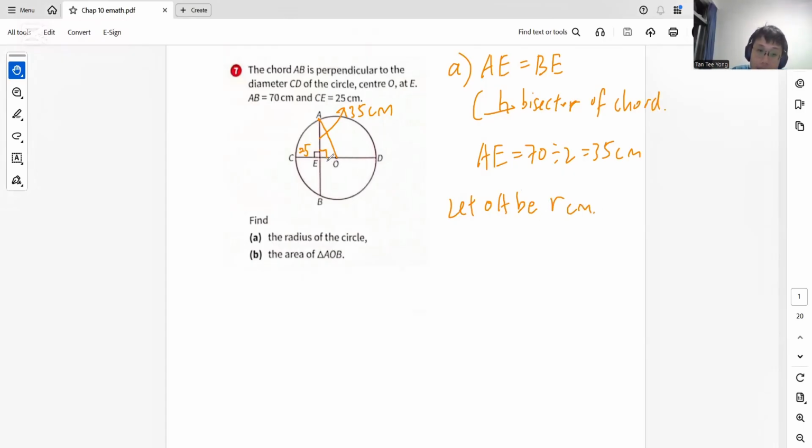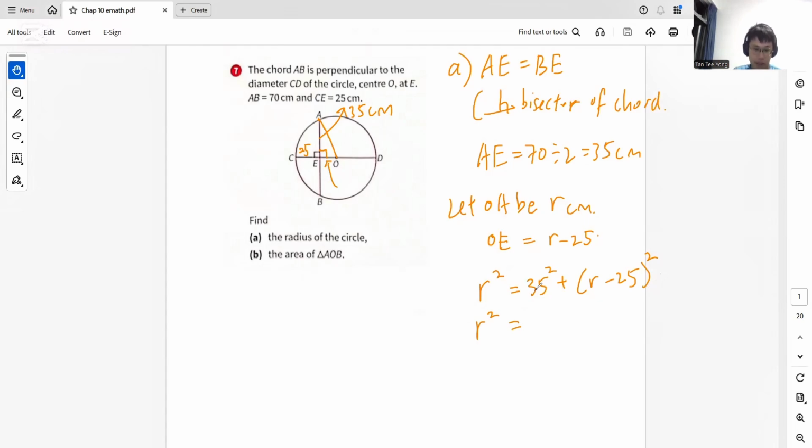And that means OE is actually equal to R minus 25. So with this, we can form an equation using Pythagoras theorem. What is the equation? R squared equals 35 squared plus (R minus 25) squared. So this is the equation that we will form.